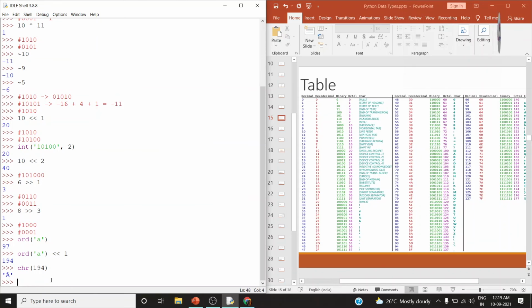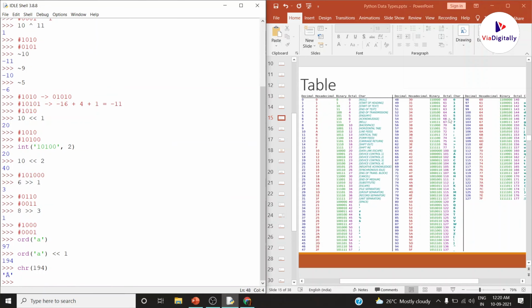Then why do I get 194 as output and the corresponding value as A? In the ASCII table we have only 127 characters, but including 0, we have a total of 128 characters.